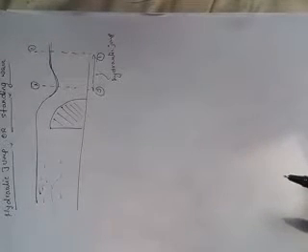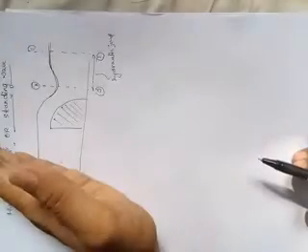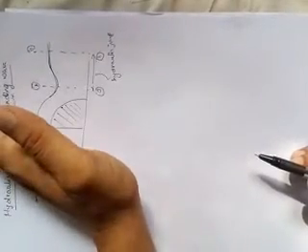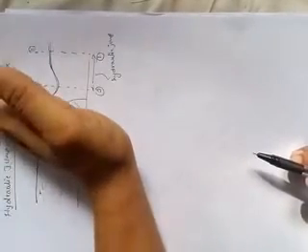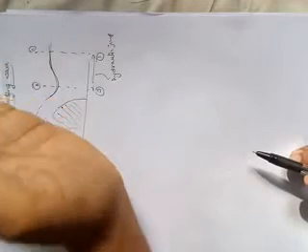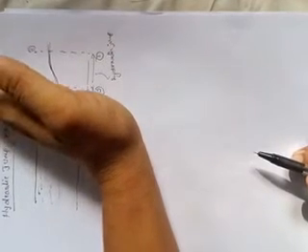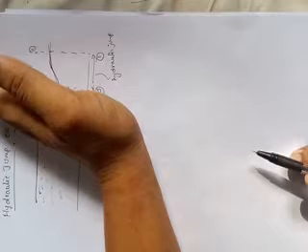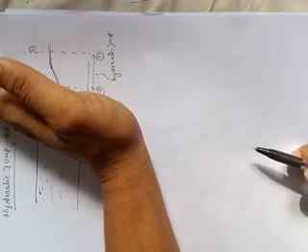This is because at section 1-1 the flow is shooting. Shooting flow means supercritical flow. Section 1-1 is shooting flow or supercritical flow.